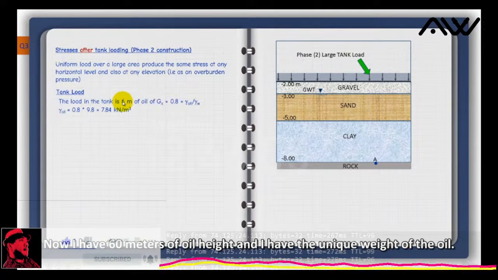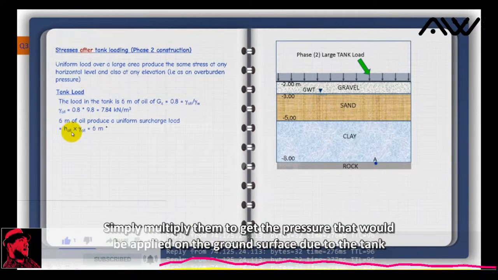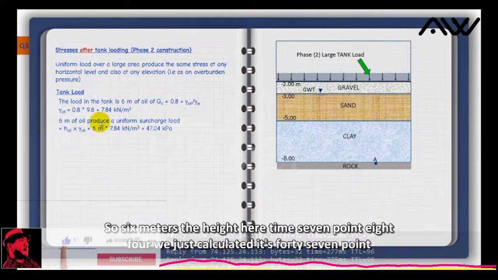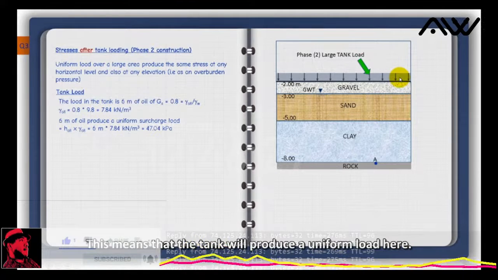Now I have 6 meters of oil height, and I have the unit weight of the oil. Simply multiply them to get the pressure that would be applied on the ground surface due to the tank load. So 6 meters height times 7.84, we just calculated, is 47.04 kPa. This means that the tank will produce a uniform load here.